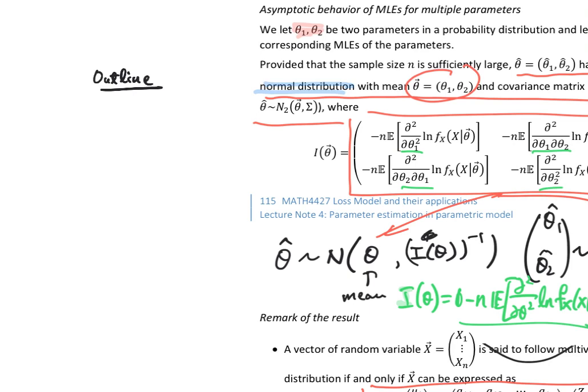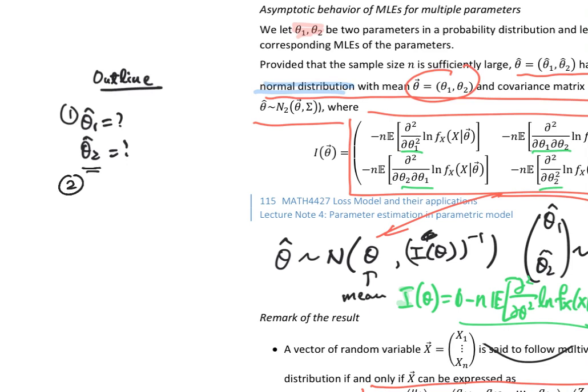Just like the single parameter case, the first step is to obtain the formula for theta 1 hat and theta 2 hat, in order to figure out which distribution they follow. To get this, we assume these two MLEs follow the first order condition.